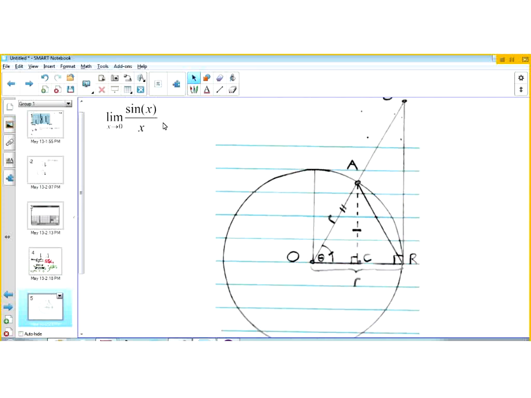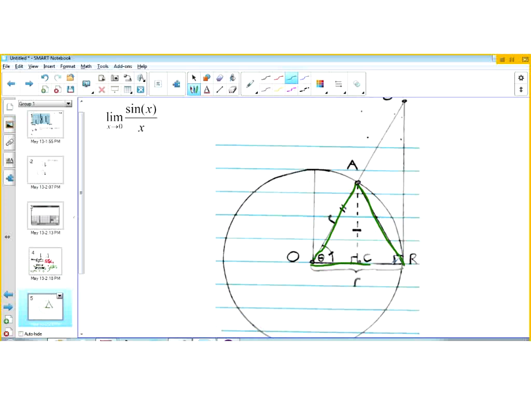The first thing that we want to notice is the inclusion of triangle OAR, which I'll outline in green. So triangle OAR. Okay, so that's one construction.